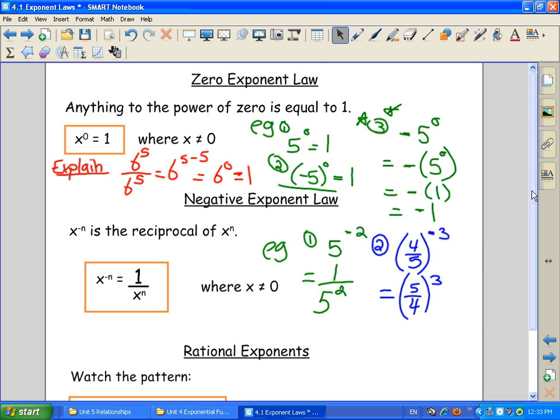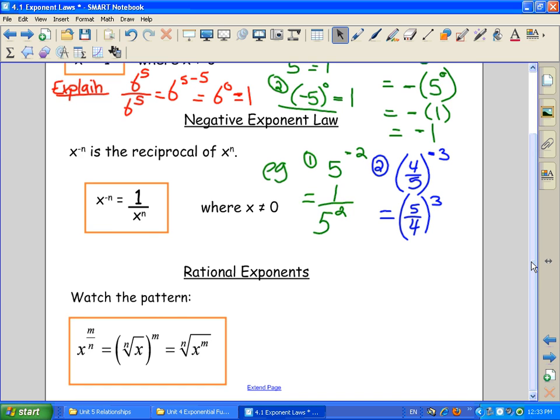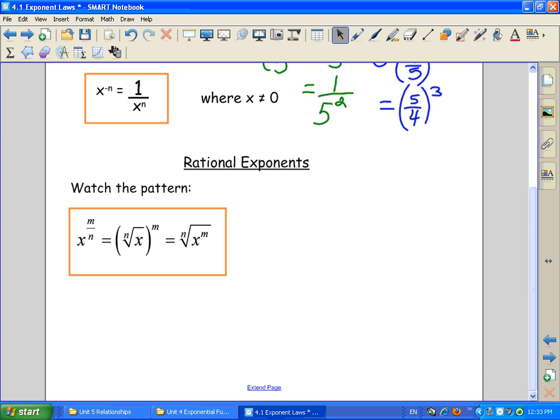Okay, moving on into more rational expressions. This is more what we dealt with in grade 11. If we take a look at rational exponents, sometimes they're in what we call radical form, and sometimes they're in exponential form. So this is your exponential form, guys.